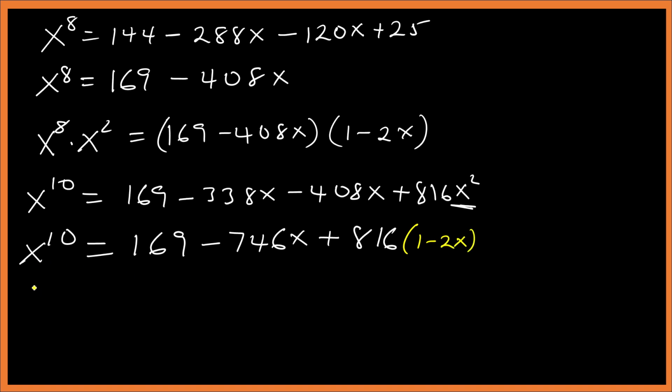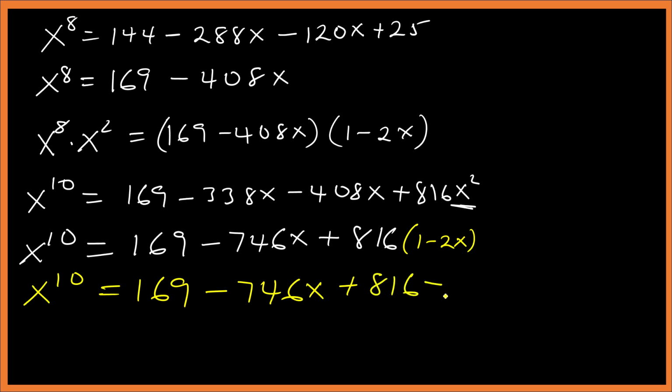So x to the power 10 is 169 minus 746x plus 816 minus 816 times 2, which is 1632x.